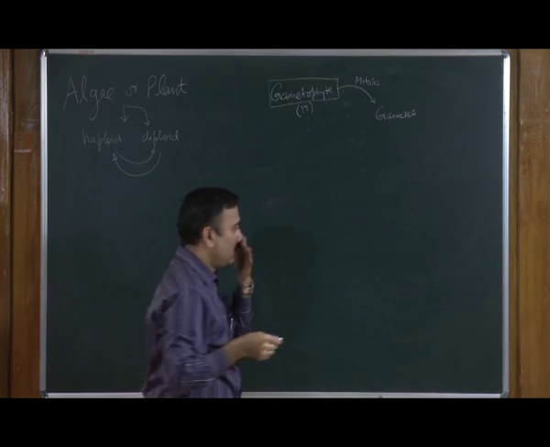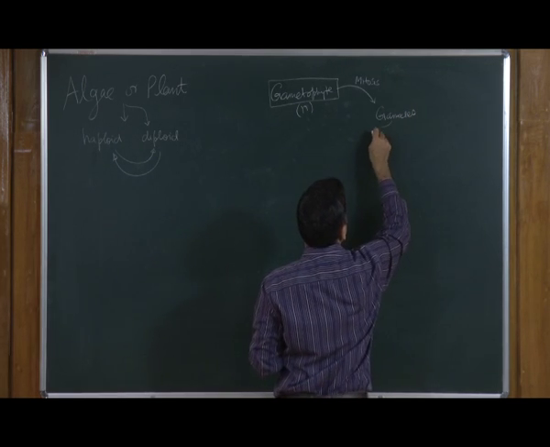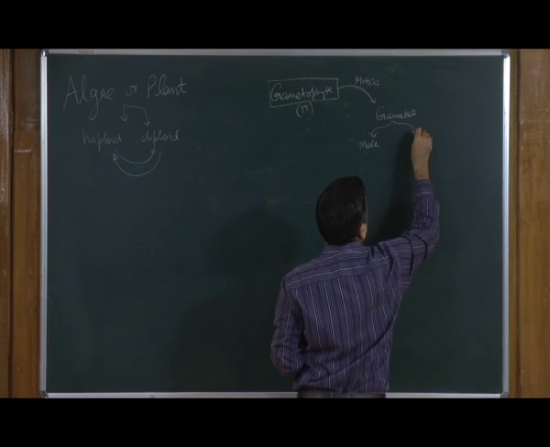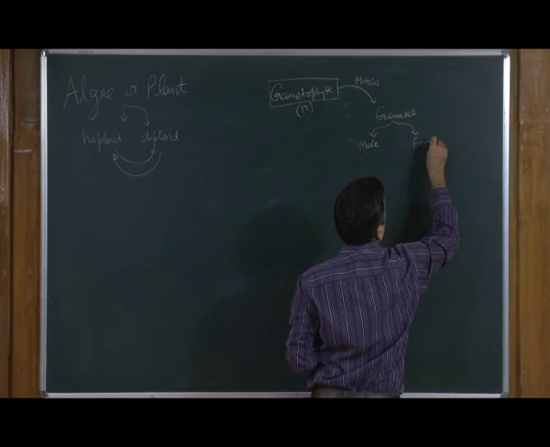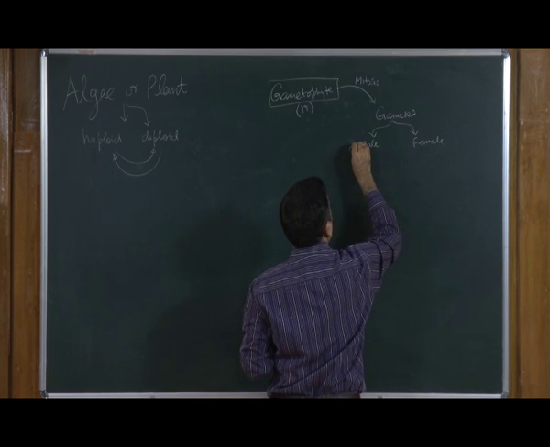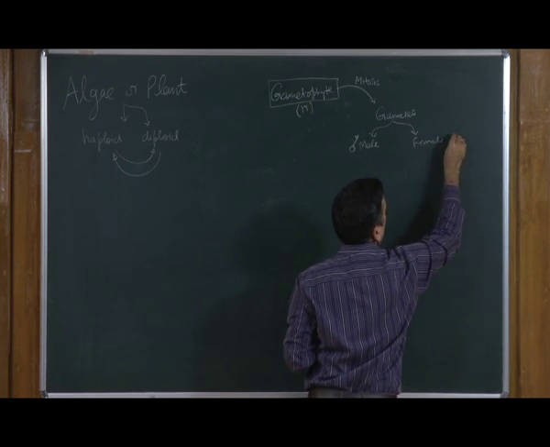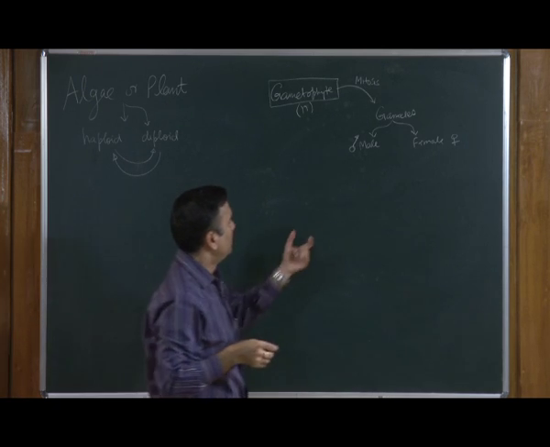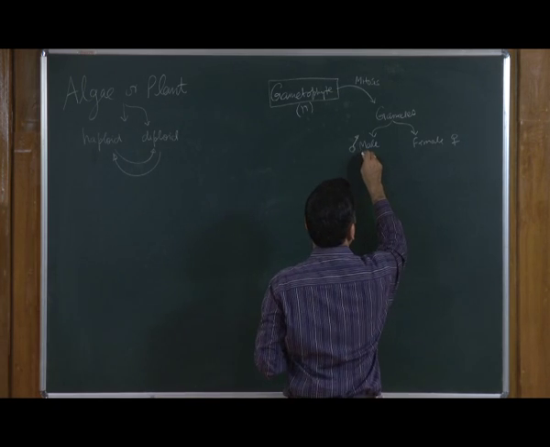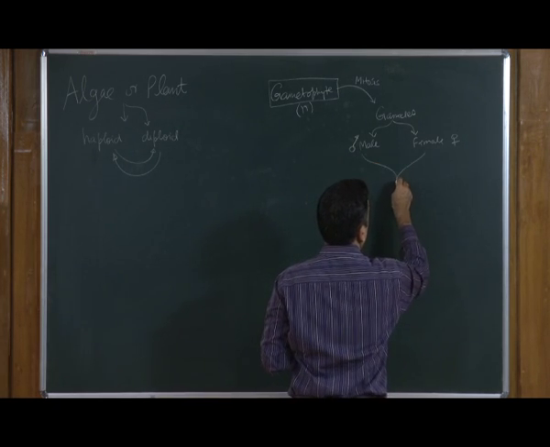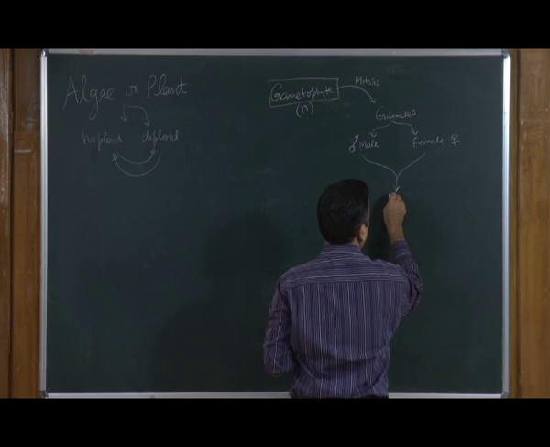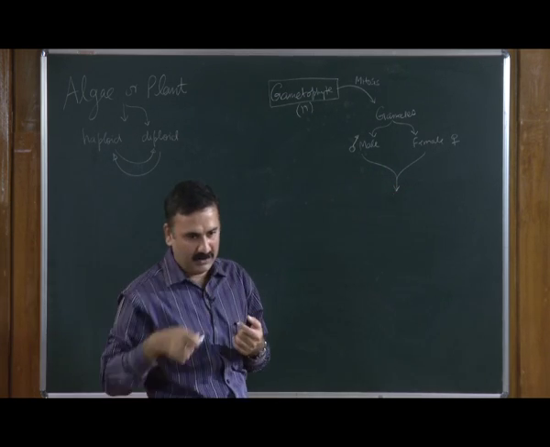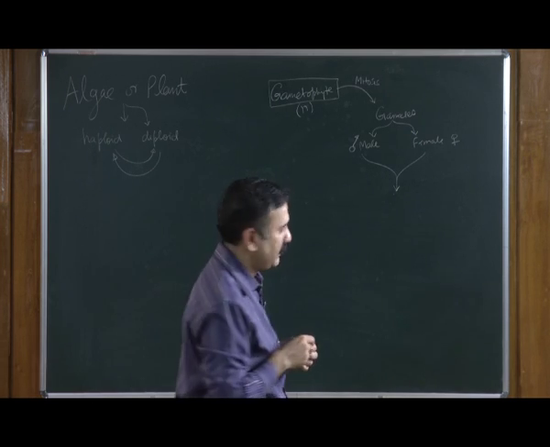You can have two types of gametes: male and female, and these male and female gametes will fuse to form the zygote.